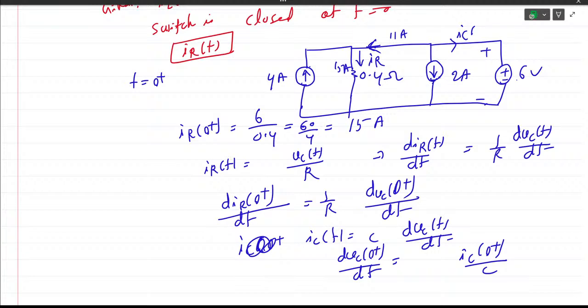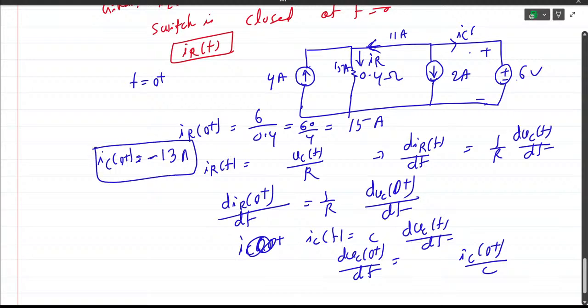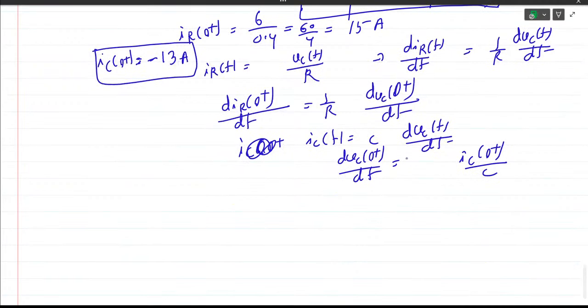That is, here IC(0 plus) is equal to minus, because see the direction here, minus, that is 11 plus 2, that is 13 ampere, right?